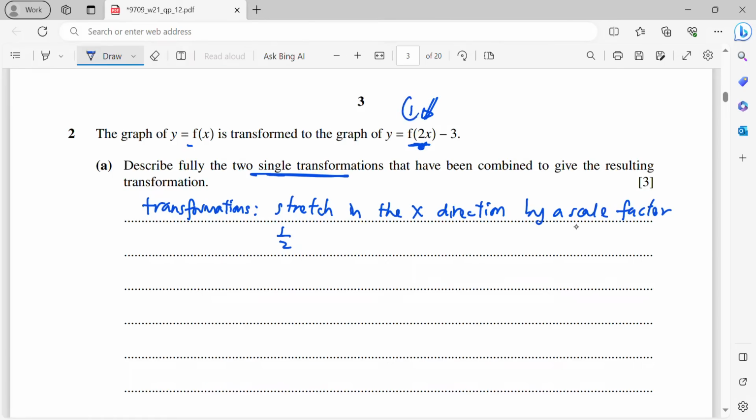The second transformation is the minus 3. So minus 3 means you move down the whole graph, right? Or I can say, and followed by translation (0, -3). Okay, because your second transformation is the minus 3. So you move down the graph by 3 units. Therefore, the translation will be (0, -3). So that's all for part A.